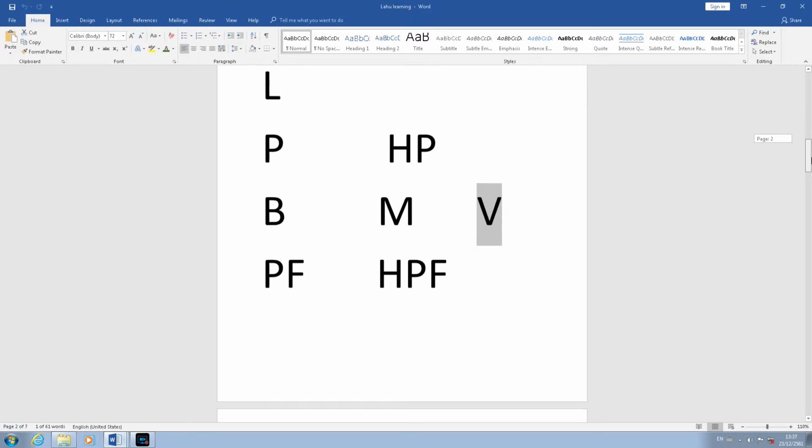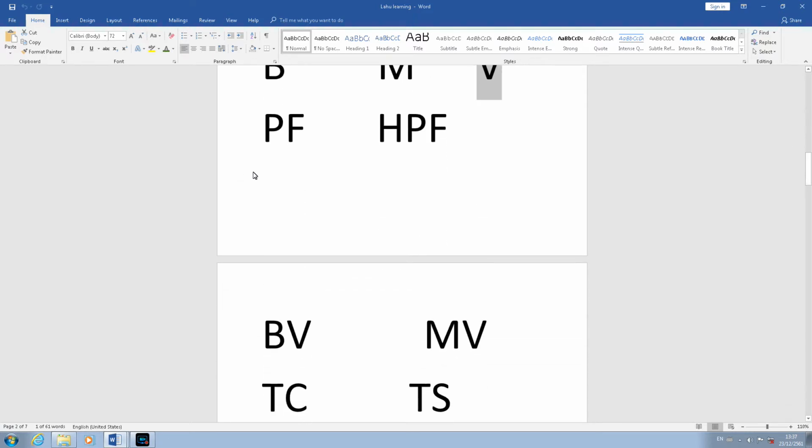And we go to the next section. This is hard and easy. F, the Lahu sound is f. This word is one syllable, one consonant.